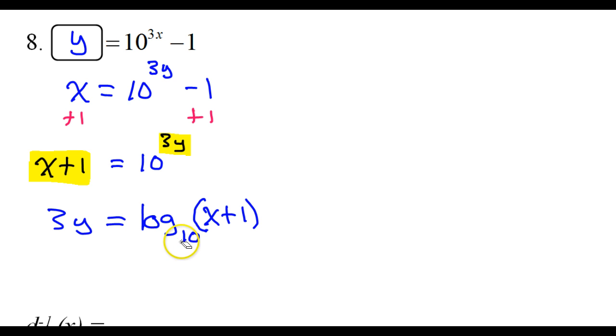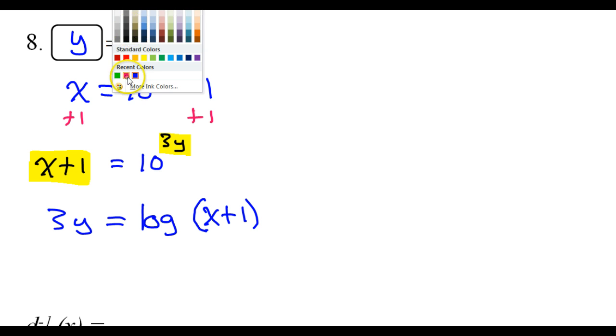Now this is probably bothering you because you know that we don't write log base 10 like that. The 10 is understood, so we can go ahead and erase that right now. So we'll just write log x plus 1 instead. It's understood. It's called the common log.